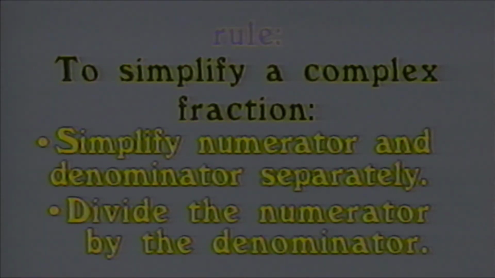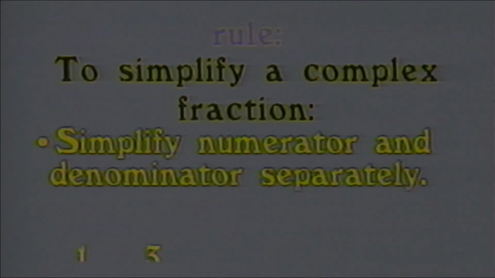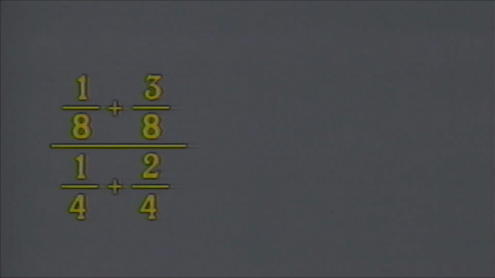When the numerator and denominator contain a sum or difference of fractions, we simplify the numerator and denominator separately, and then divide the numerator by the denominator. Here's an example. 1/8 plus 3/8 over 1/4 plus 2/4.